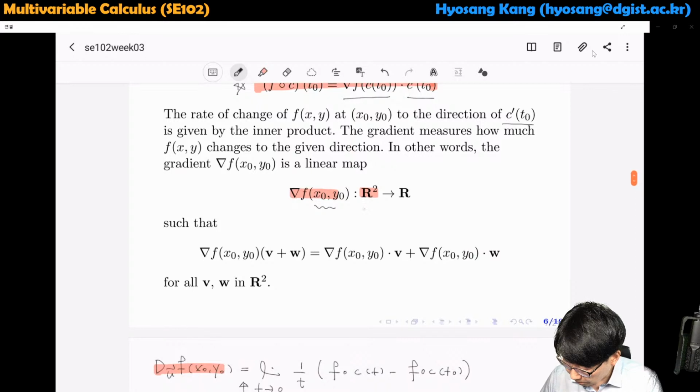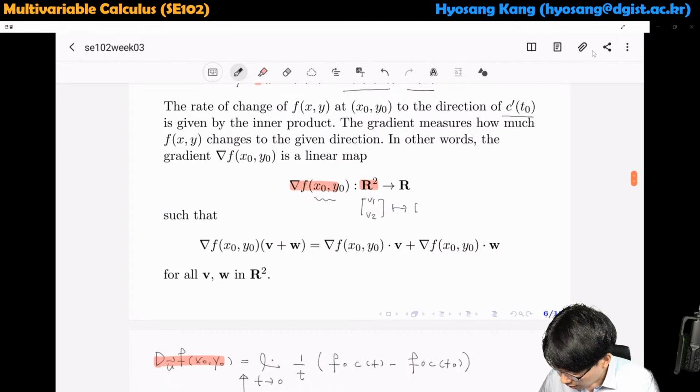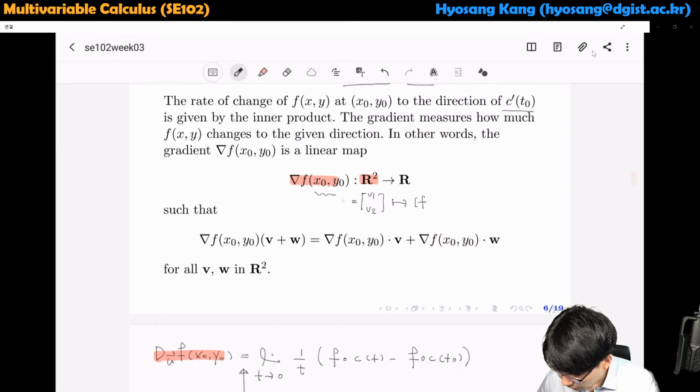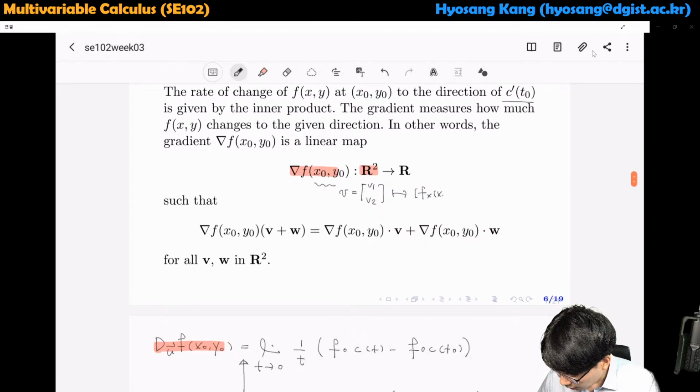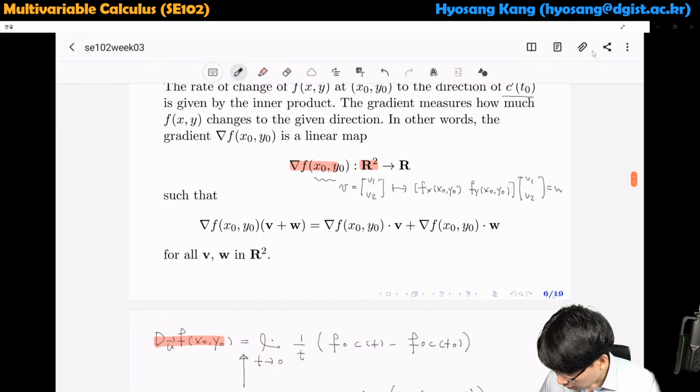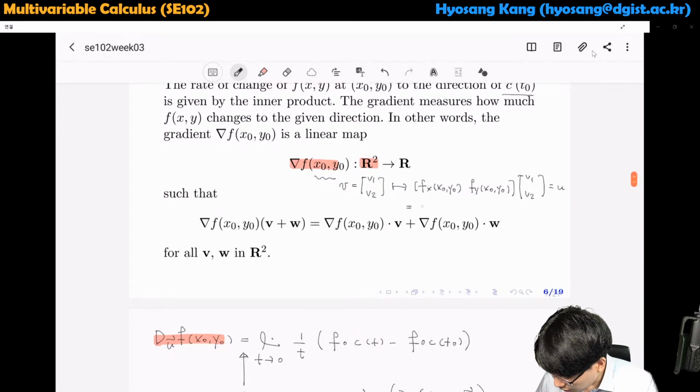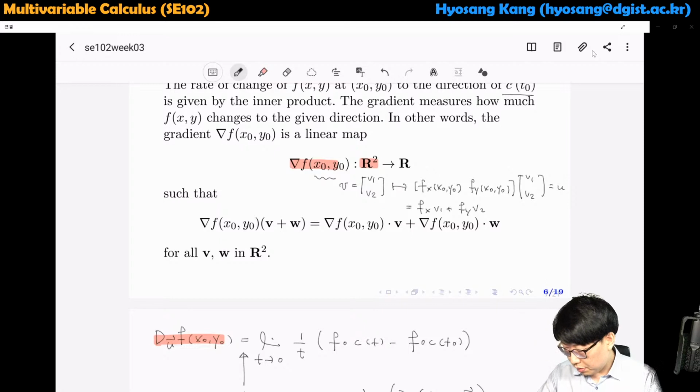If you have a two-dimensional vector (v1, v2), then you simply take the inner product with this vector v, that is, f_x(x0, y0) and f_y(x0, y0) with (v1, v2) as the corresponding vector, and this computes as f_x v1 plus f_y v2.